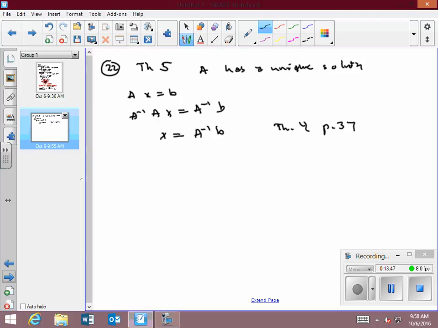So because this has a solution, then by theorem 4, this is A of theorem 4, then C of theorem 4 is true, and the columns of A span Rn.